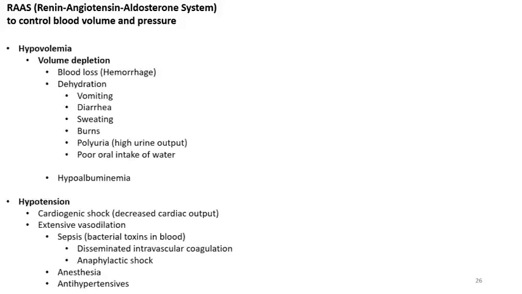Let's review the renin-angiotensin-aldosterone system that controls blood volume and pressure. Any factor that reduces blood volume or pressure can activate this system. For example, hypovolemia or dehydration due to hemorrhage, vomiting, diarrhea, sweating, burns, high urine output or polyuria, and poor oral intake of water.